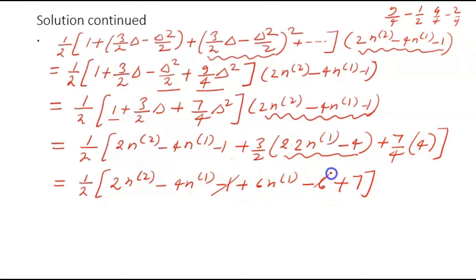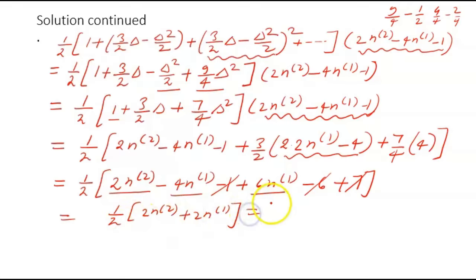Now this minus 1, minus 6 and plus 7 will also cancel. So I am getting 1 by 2 and 2n to the power 2 and minus 4 and plus 6, so plus 2n to the power 1. So this 2 can be cancelled. We write n to the power 2 plus n to the power 1, and that is nothing but n into n minus 1 plus 1.